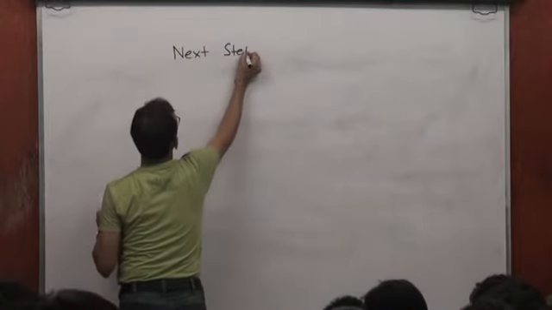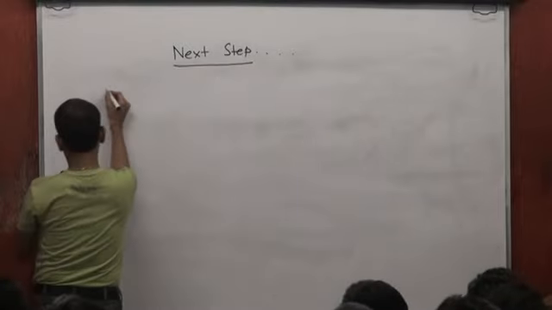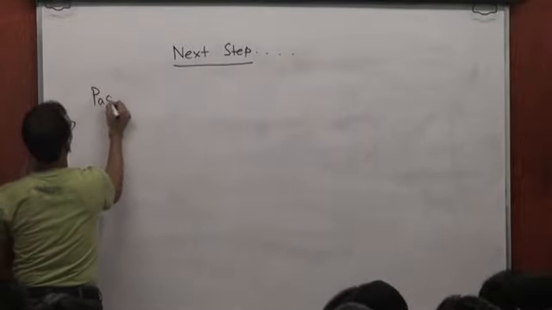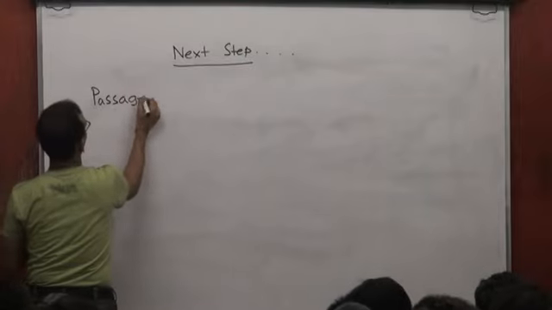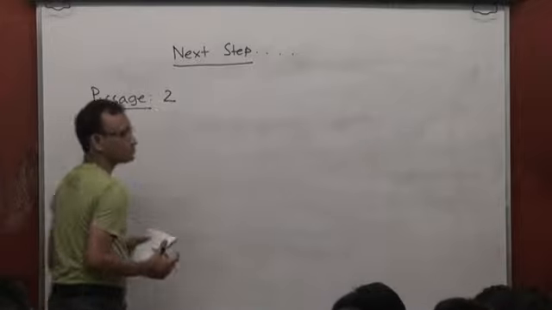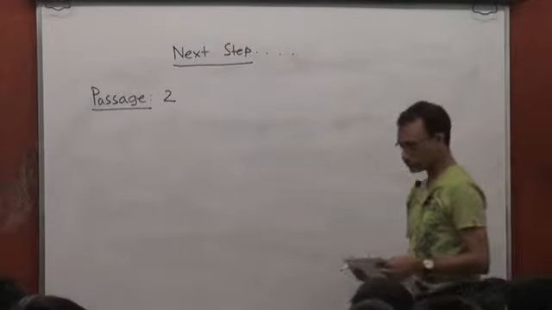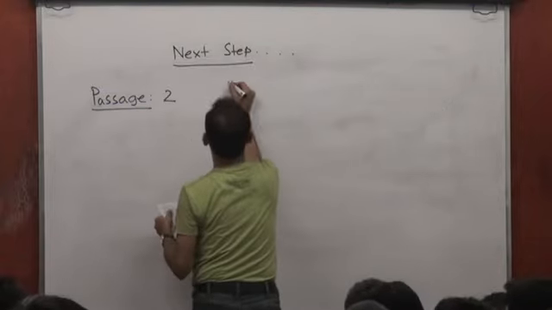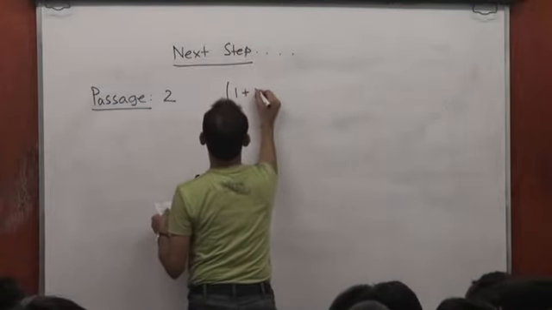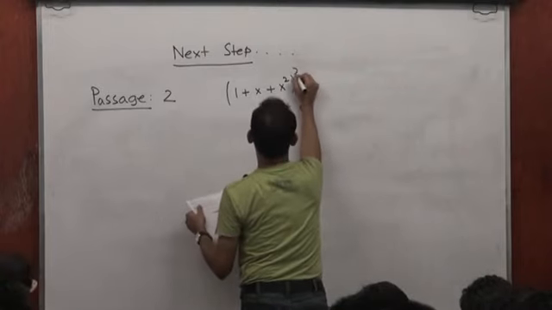Sheet titled Next Step. Passage 2. We have (1 plus x squared) whole to power 20.